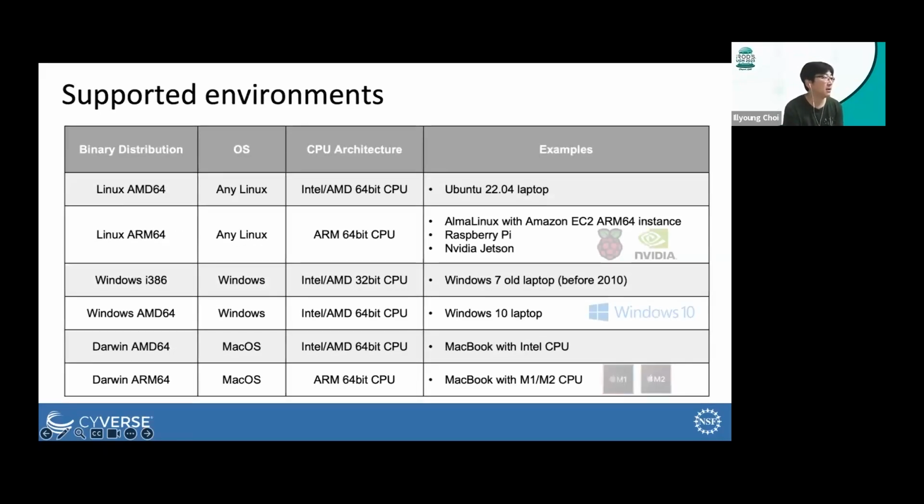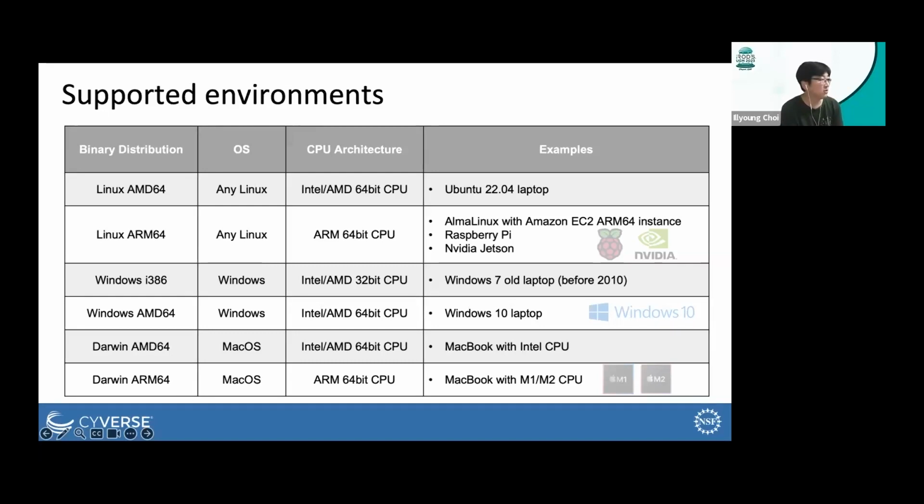Here's a complete list of environments that GoCommands supports. The distribution for Linux works on any Linux system, so you can use it on recent versions of Linux distros like Ubuntu 22.04.